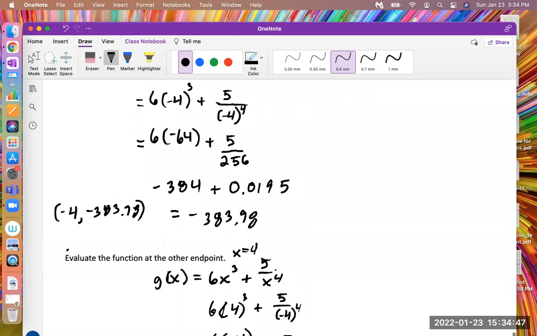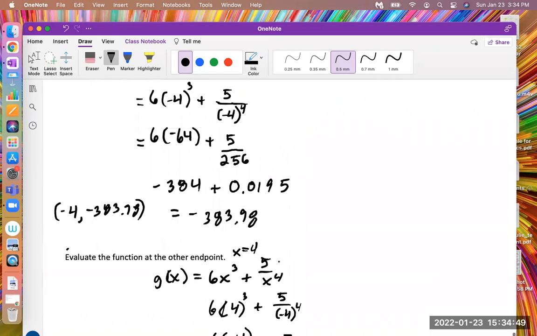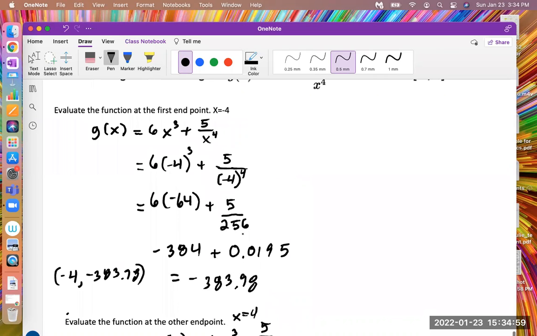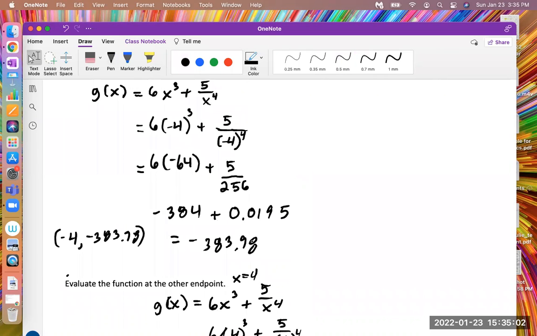So I at least keep twice as many decimals as needed. I should have kept 3 decimals at least. I'm gonna keep, oh wait, 0.0195. Okay, I'm gonna keep 4 up here as well.